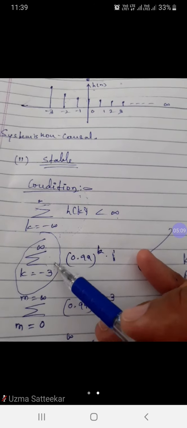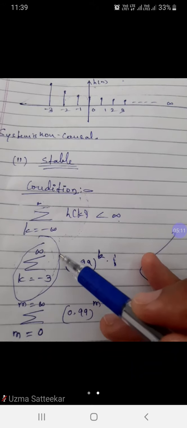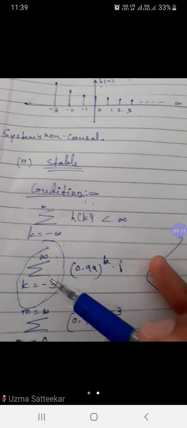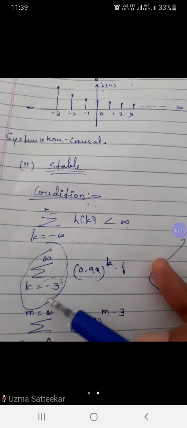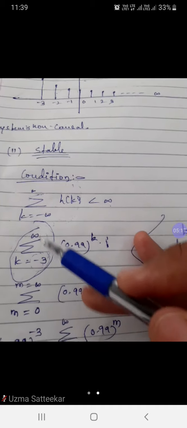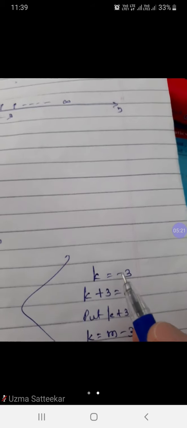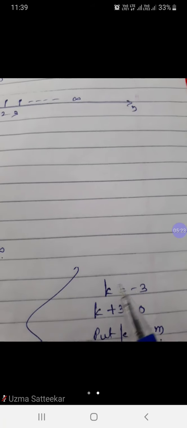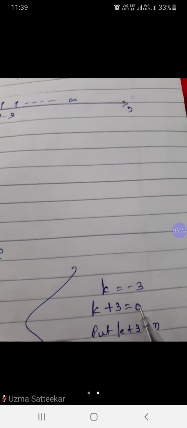So what we will do for this example, we will apply some mathematics so that this range will reduce to 0 to infinity, we will change this limit. How? k is equal to minus 3. So I'll take this 3 to this side, it will become k plus 3 equal to 0.